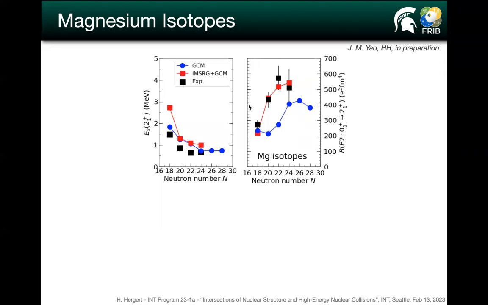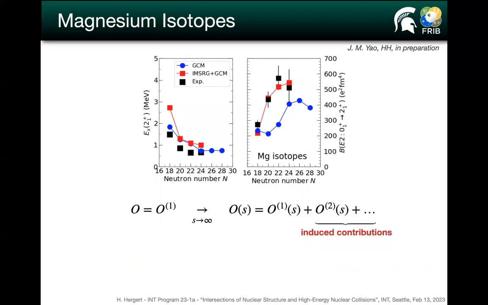But you see, again, you get the general trends correctly. And then the interesting bit is that if you analyze the renormalized operator, you actually see that the bulk of the renormalization in this IMGCM approach happens in the one-body part, so the one that you can control very well.